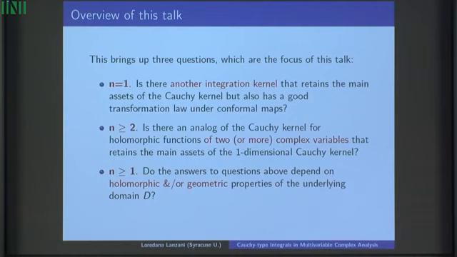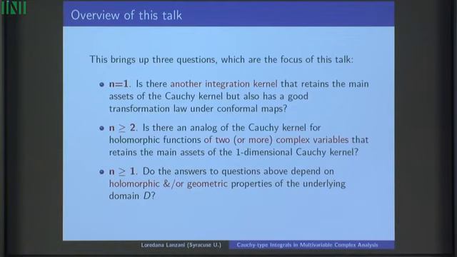Question two, and this is in higher dimension, complex dimension 2 or higher. Is there an analog of the Cauchy kernel that retains the main assets that we described in the previous slide for functions that depend on 2 or more complex variables?